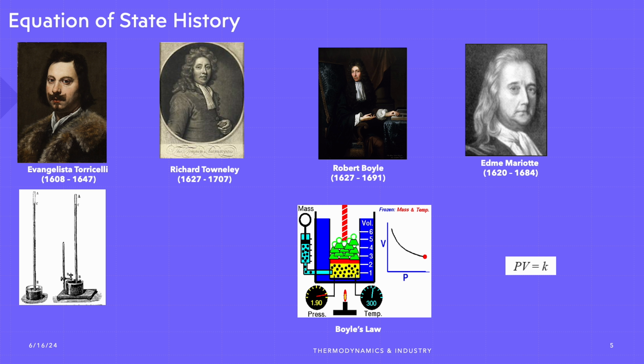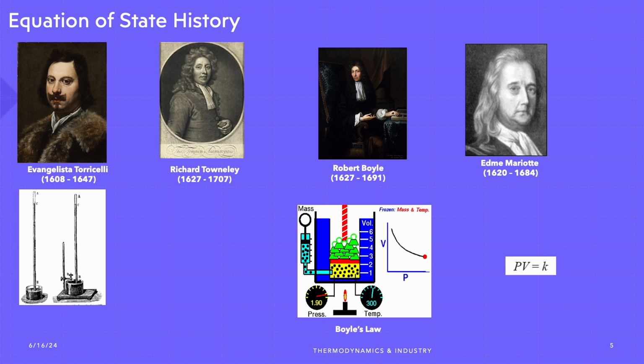Then later in 1662, Robert Boyle published what's now known as Boyle's Law, but in reality he referred to it as Mr. Townley's hypothesis. So he actually gave the credit to Townley, but somehow, historically speaking, we later came to name it Boyle's Law. Right.